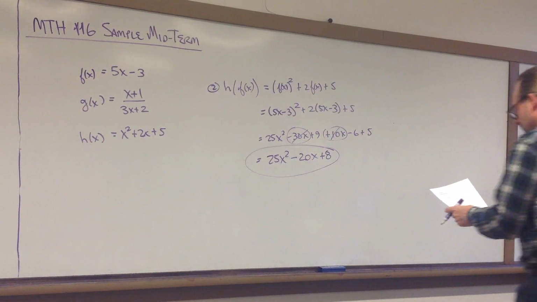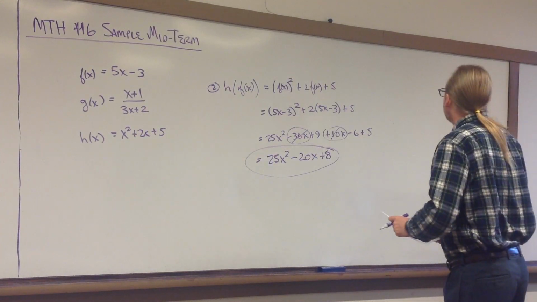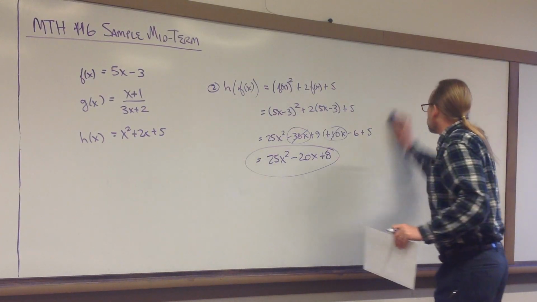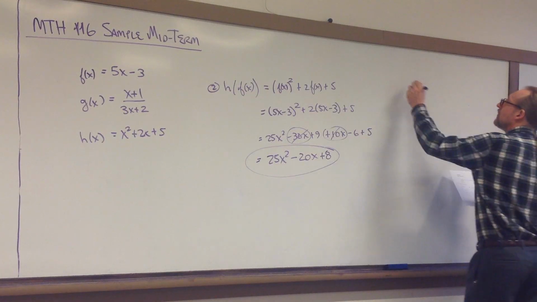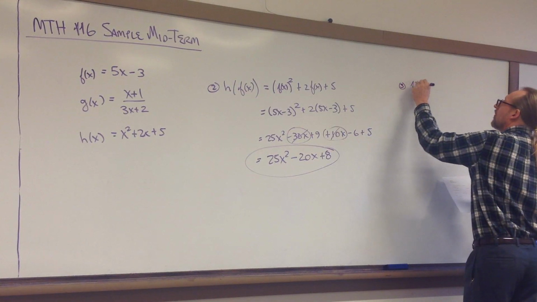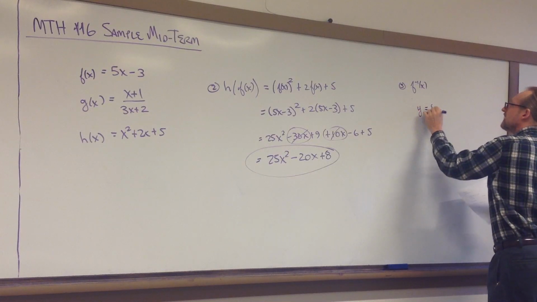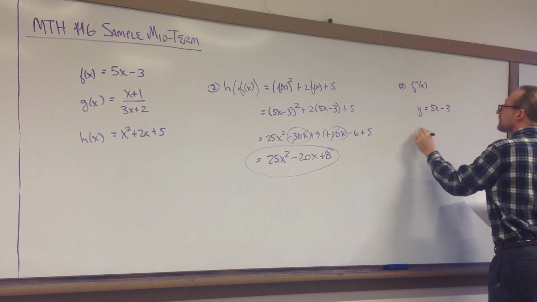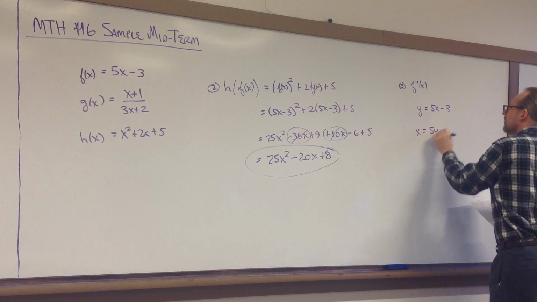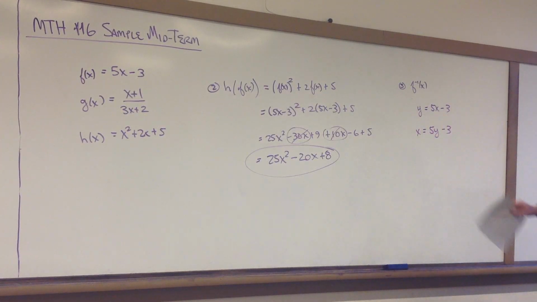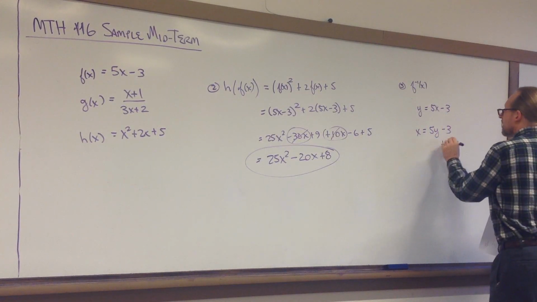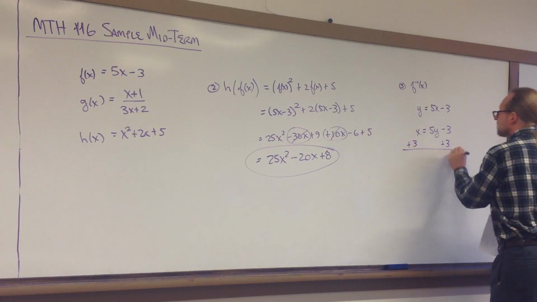Okay, problem 3. F inverse. So we know that y equals 5x minus 3. So we can swap the variables x and y and then get the y by itself.